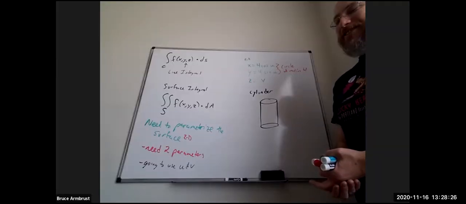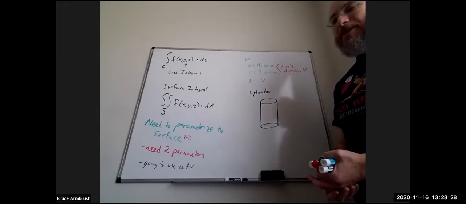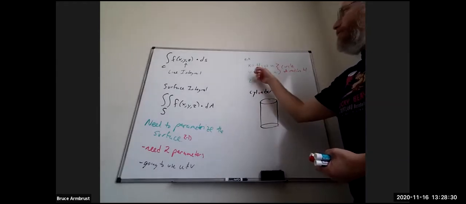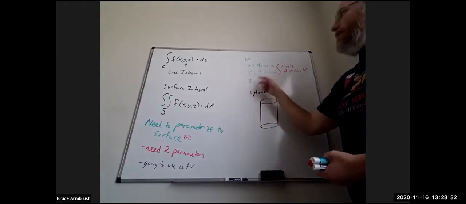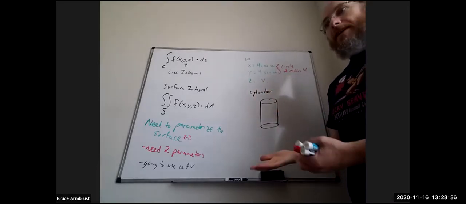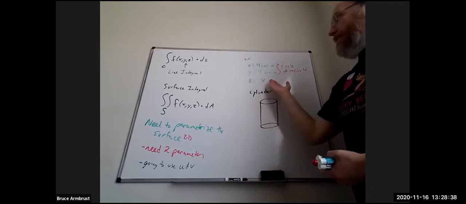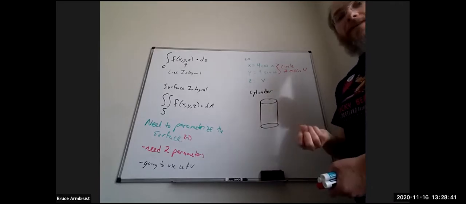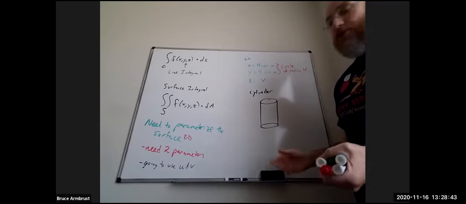Maybe spherical. Cartesian and cylindrical. Yeah, this is cylindrical. Think about the conversion to cylindrical. It's x equals r cosine theta, y equals r sine theta, and z equals z. Well, this is a parameterization there where we fixed our radius. So you could do the same thing for a sphere. Check this out.